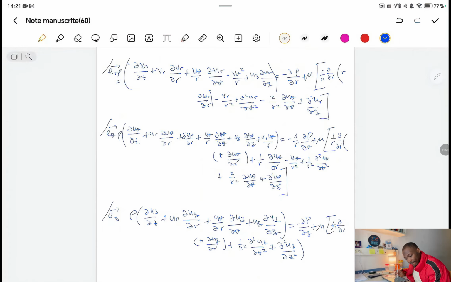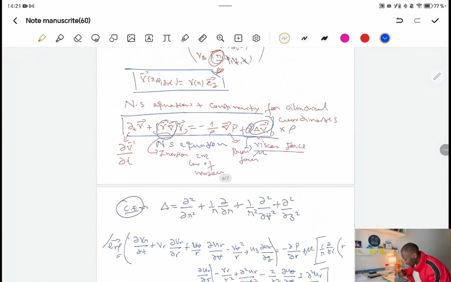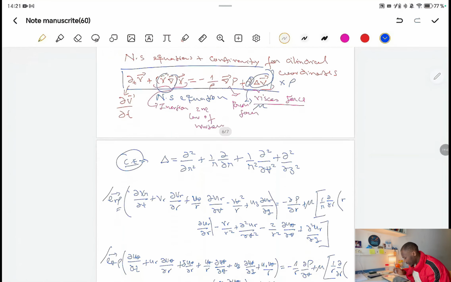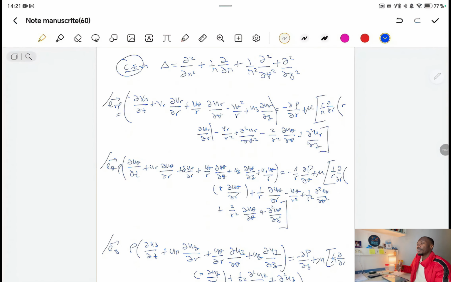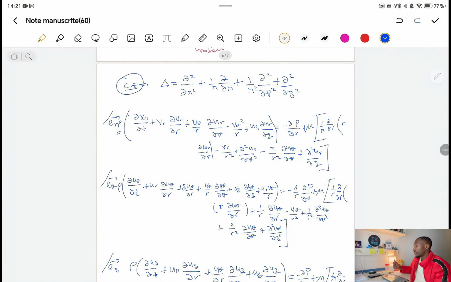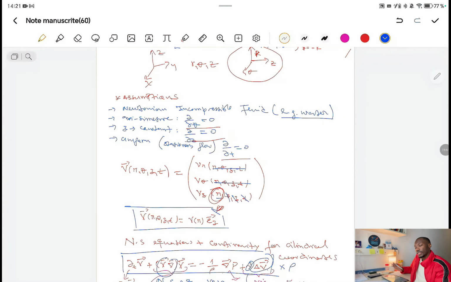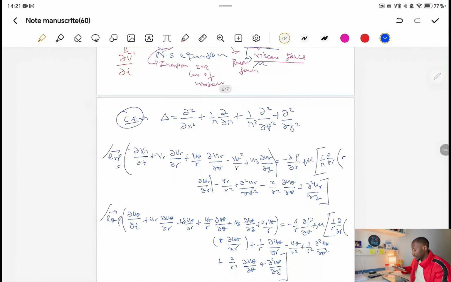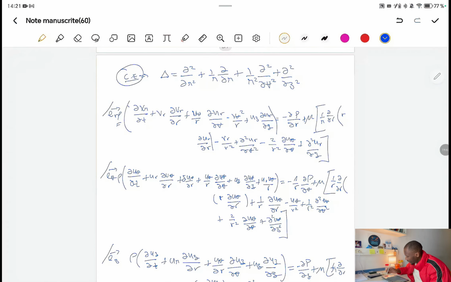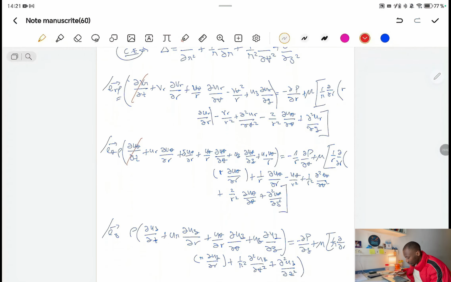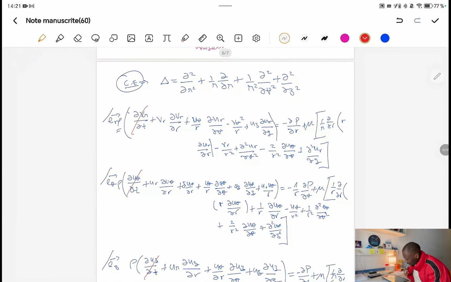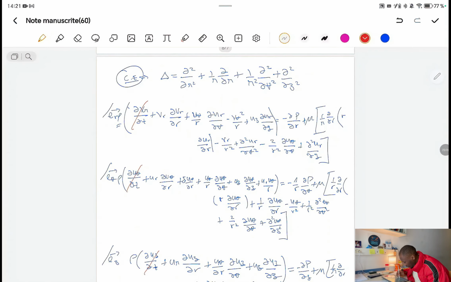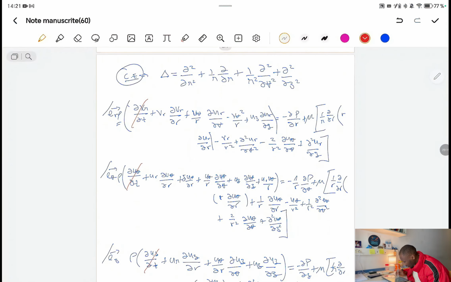And what we need to do now is apply our assumptions to these equations, to nullify terms which we know will be zero according to our assumptions. We're saying that the flow is stationary, so the time derivative disappears. We're saying that there's no speed in the r direction, so everything that has a vr disappears.